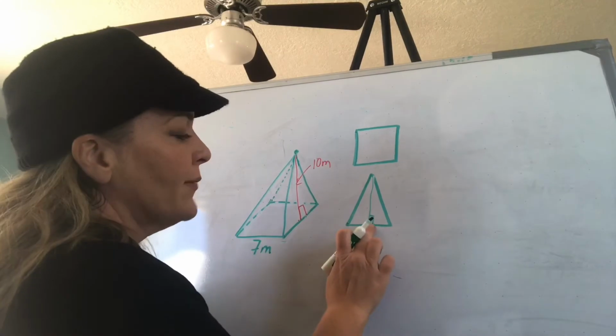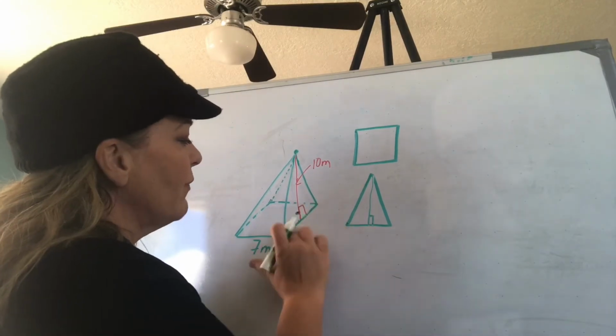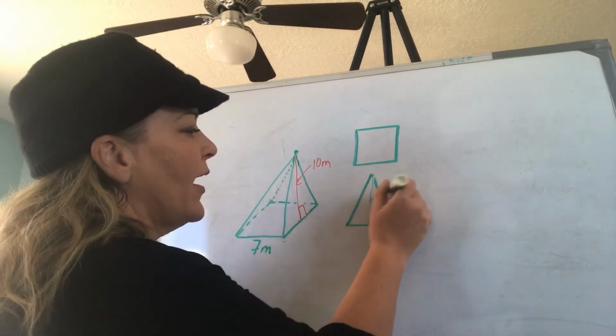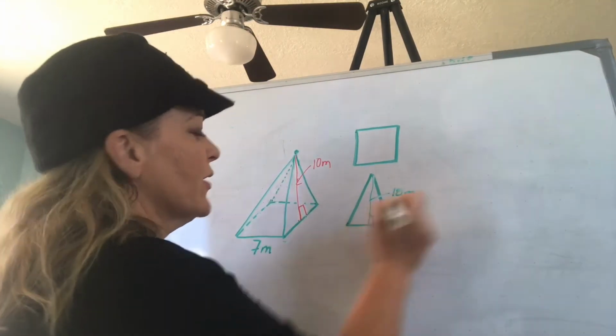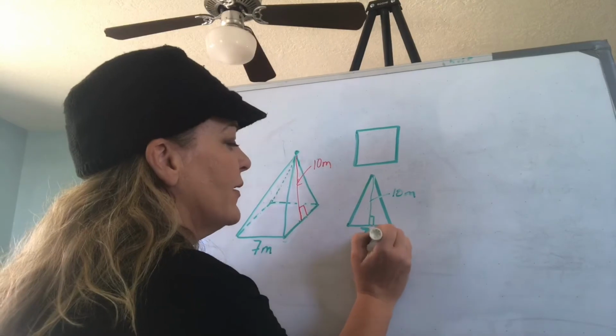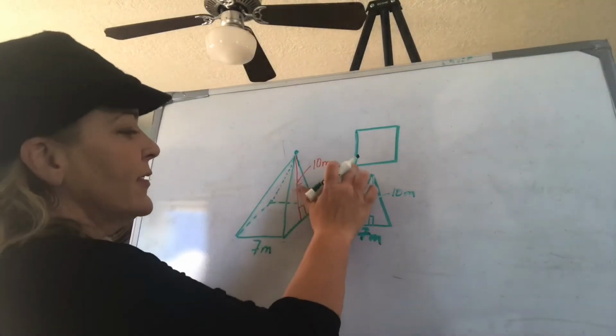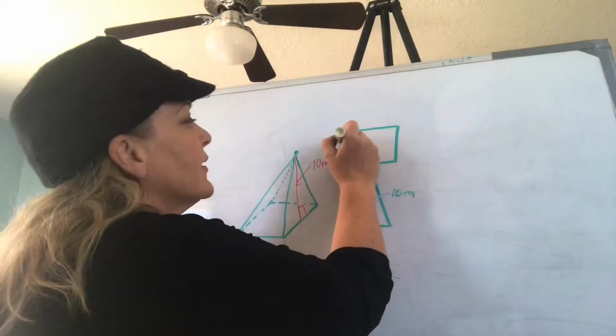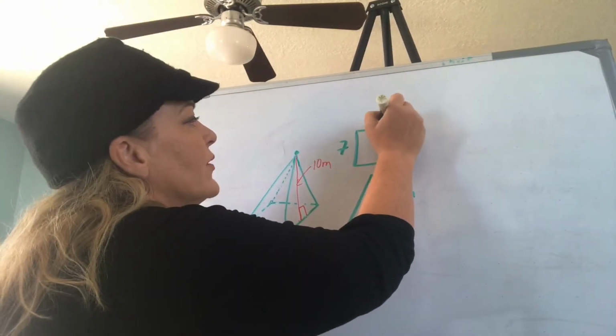That means it's a right angle, meaning that this is perpendicular to the base, so this is the height of the triangle. And the height is 10 meters, while the base is 7 meters. And the base of the square is 7 by 7 meters.